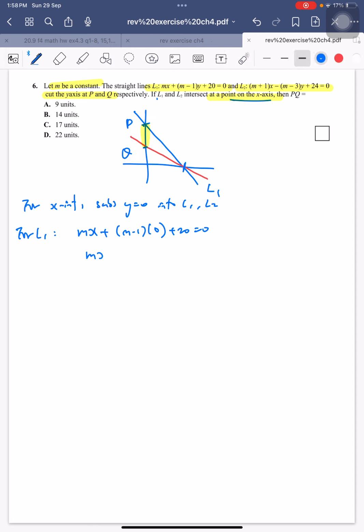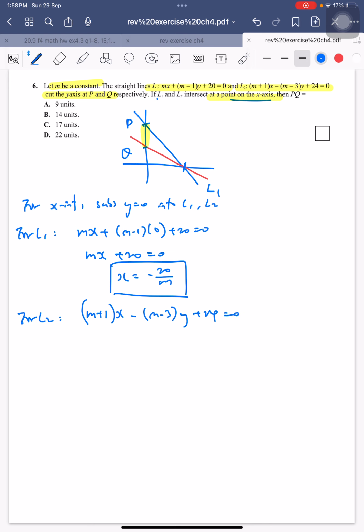So now I have mx plus 20 equal to 0, then x is equal to negative 20 over m. So this is the value for L1, okay? Now for L2, we're doing a similar thing. We have (m plus 1)x minus (m minus 3)y plus 24 equal to 0. Still substitute y equal to 0, so the whole y term is 0.